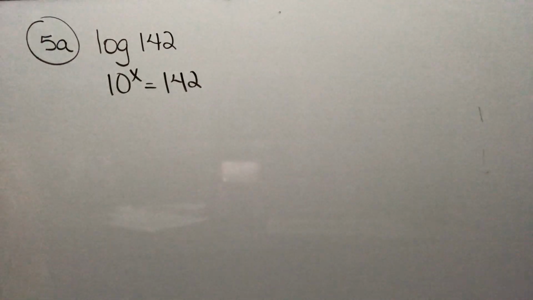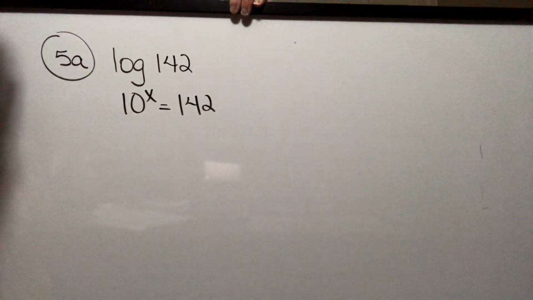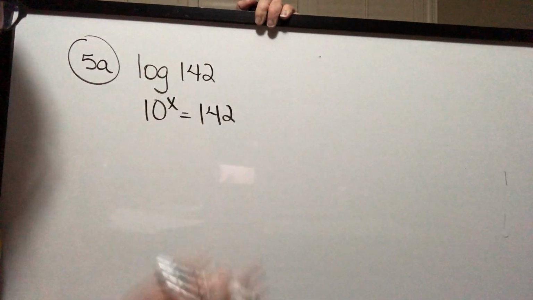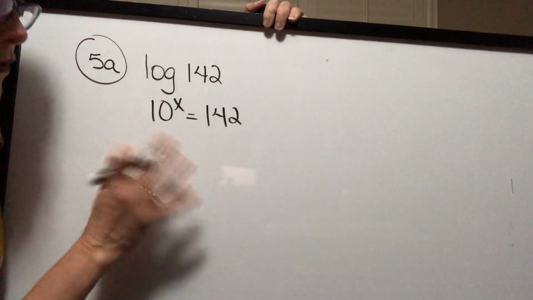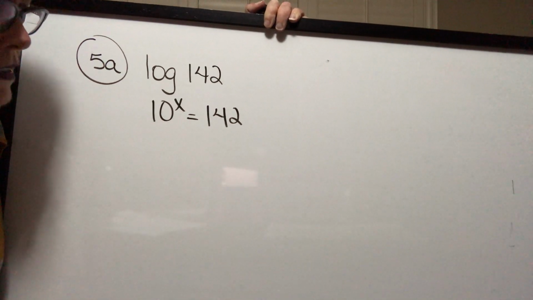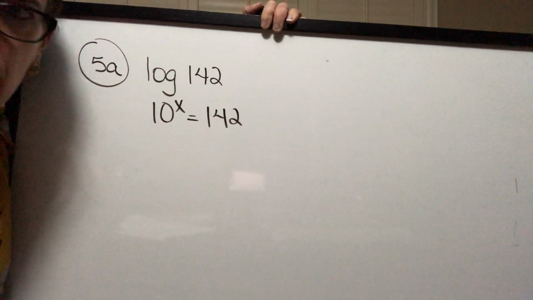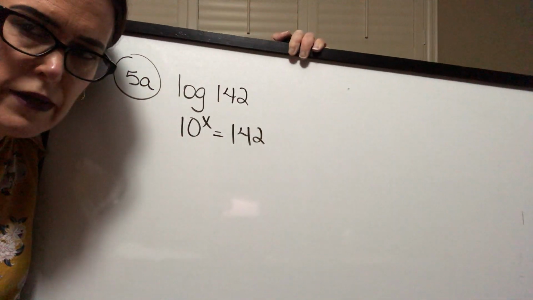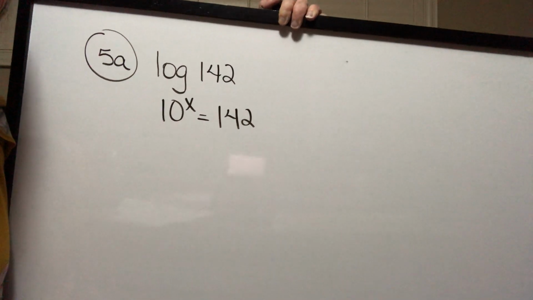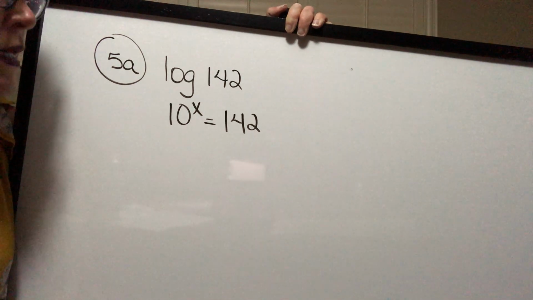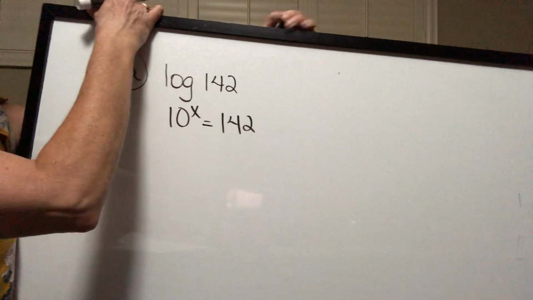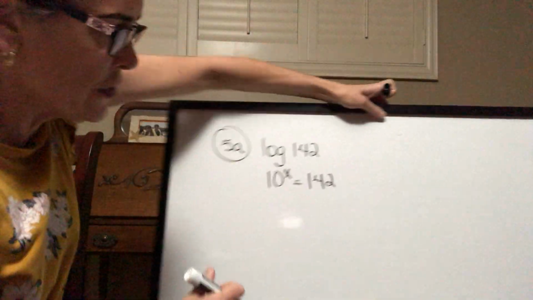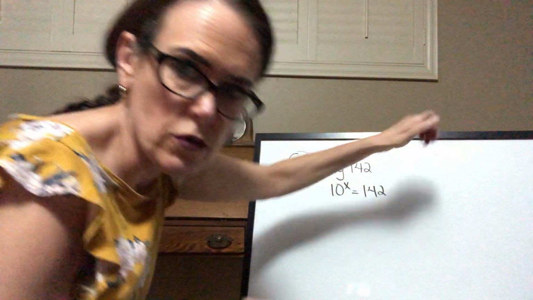Well, the problem is it's not a whole number, because 10 squared would be 100 and 10 cubed would be 1,000. So it's somewhere in between 2 and 3. But there's no way we're going to just know in our minds what that number is. So the calculator will do this for us. Get yours out and I'll show you how this all works.